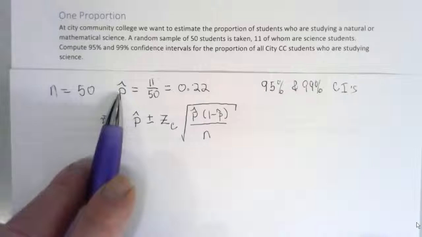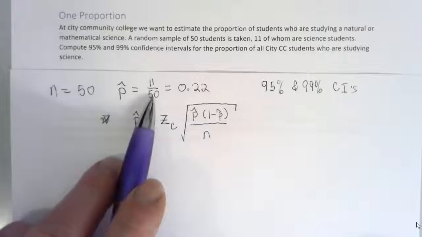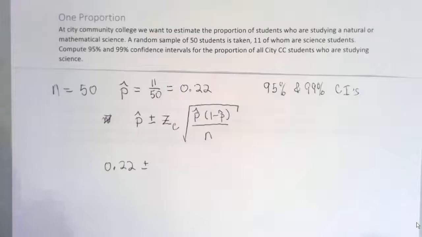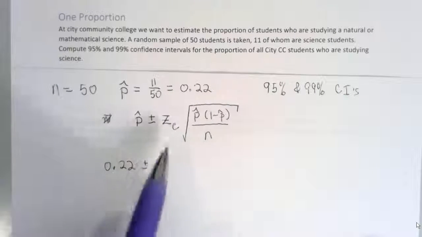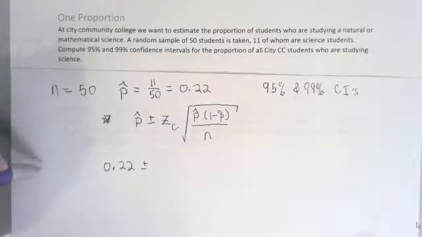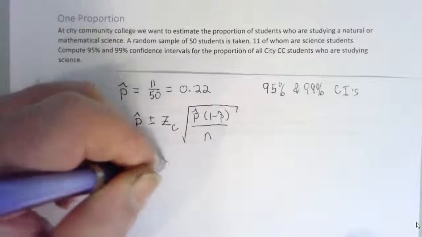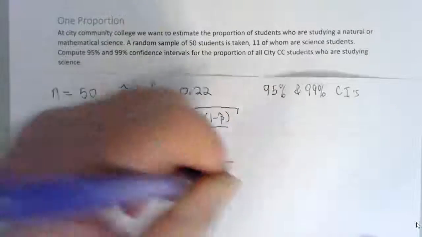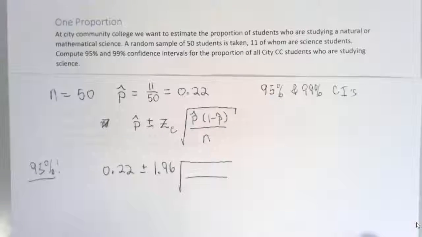The proportion from the sample is 11 out of 50, or 22%. We're going to want to multiply by the Z critical value. Let's start at the 95% level. That's 1.96. Then we need the square root of this fraction.